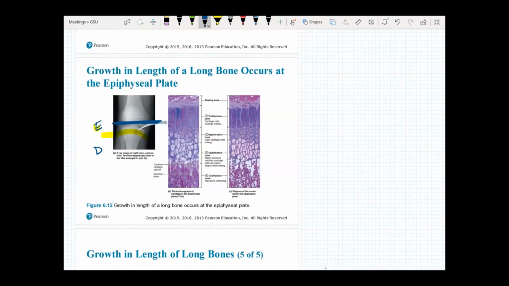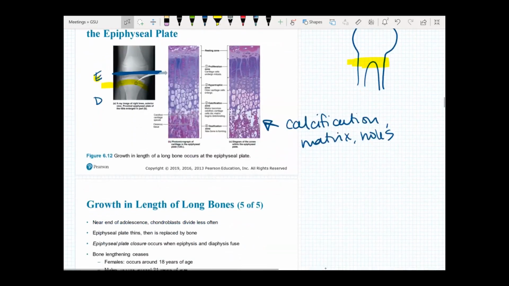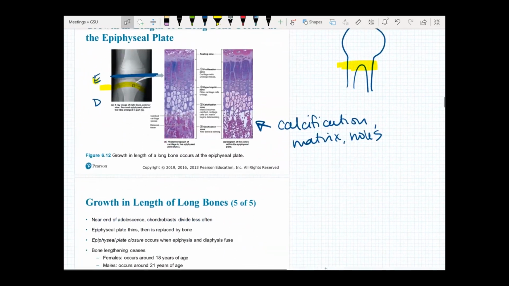If you'll notice right here how there is calcification and there is a matrix, essentially there is going to be the actual holes. This is the inside. This is the top end of that medulla. So right now that's what you're kind of seeing. So that's really important and really cool to be able to see how you're going to elongate that medullary cavity.